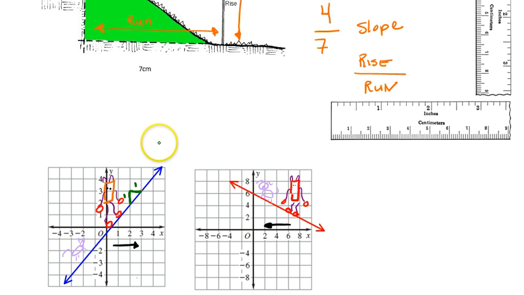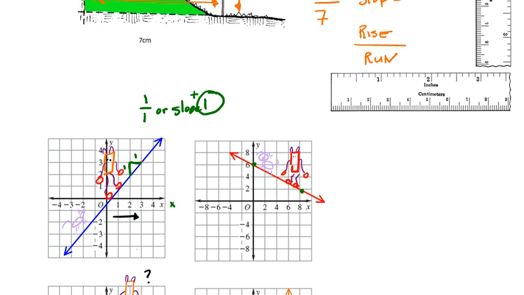So my slope would be 1/1, or a slope of 1. Now you'll also notice that rocket and arrow are walking up the line in the positive direction of the x-axis, right? And we also notice that our slope is a positive slope.